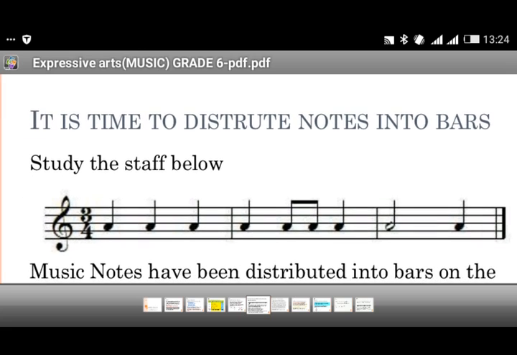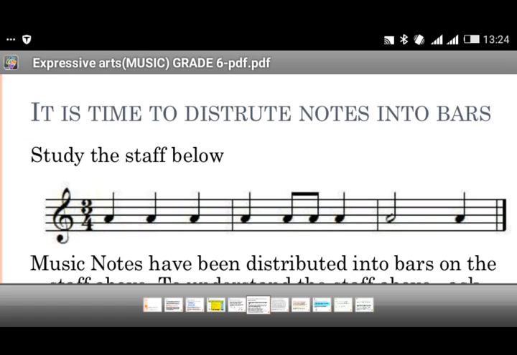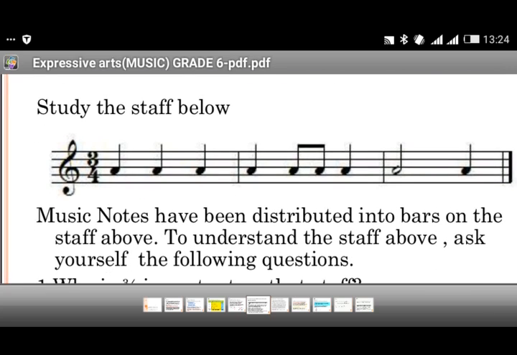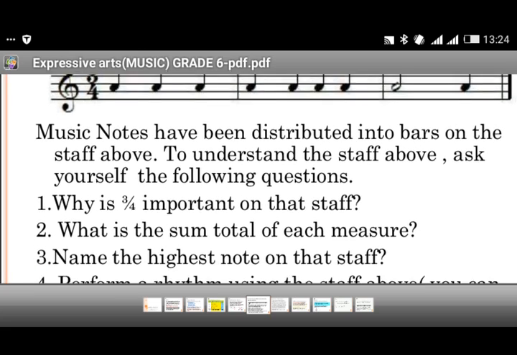So each measure is having 3. You don't even need to count. You just go to the time signature. The top number will show you the sum total of each measure or bar. So the sum total of each measure is 3. You can improve by counting the number of beats of each note.